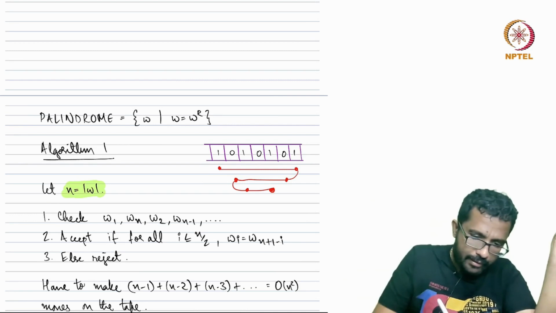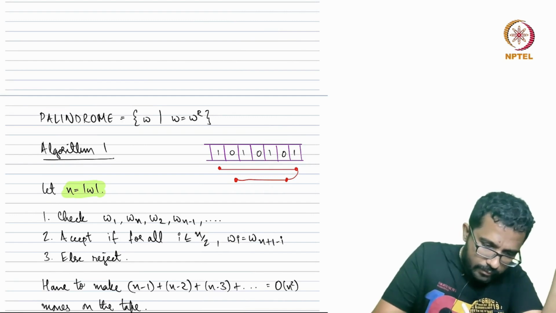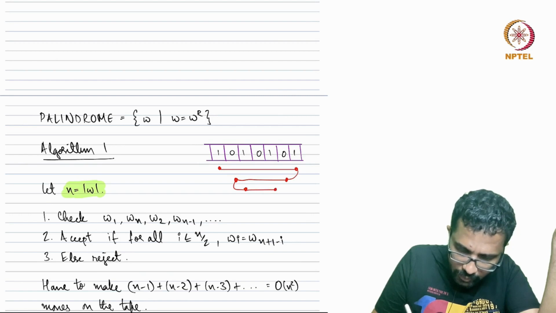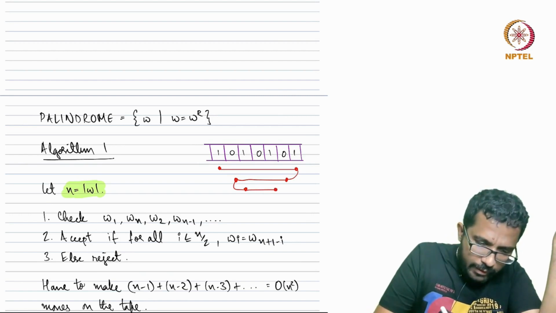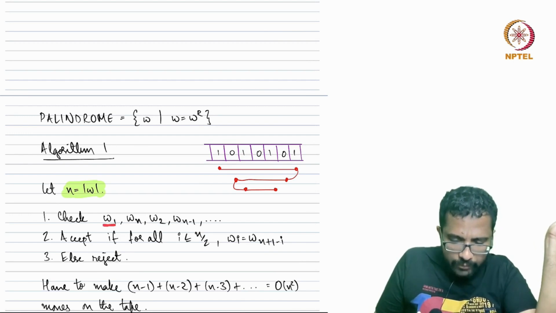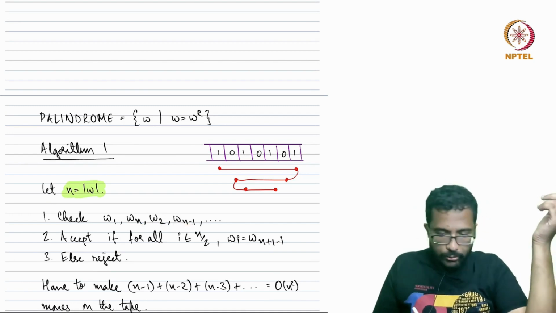That's what we are doing here. We check W1, the first symbol, against Wn, the last, then W2, the second symbol, against Wn-1, the second last, and so on.